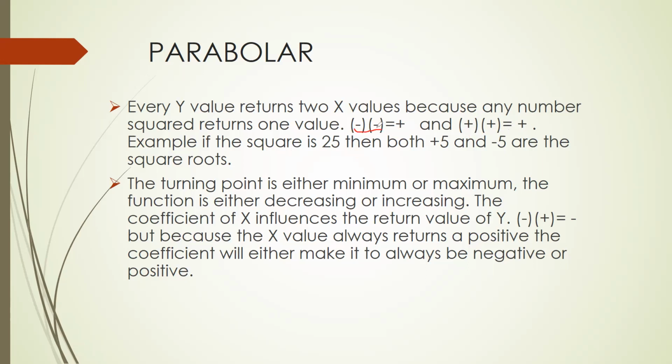Doesn't matter. This is why you sometimes do the difference of two squares. Looks like time is running out. The turning point is either a minimum or maximum. The reason is that the coefficient of x squared, the a value, influences the return value of y.